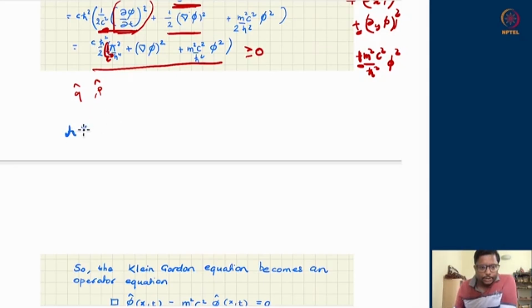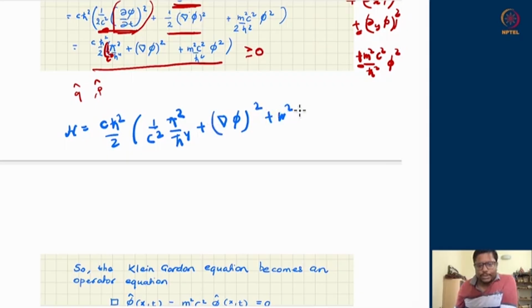That Hamiltonian is this: h bar c times h bar square upon 2, and then there will be 1 over c square pi square upon h to the power 4, gradient of phi squared plus m square c square upon h bar square phi square. That would be the structure which we will get.